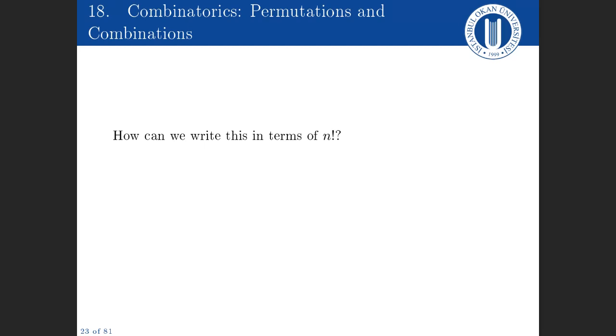How can we write this in terms of n factorial? Well, think of it like this. We know the answer is going to be 12, or 4 multiplied by 3, and that's the same as 4 multiplied by 3 multiplied by 2 multiplied by 1, divided by 2 multiplied by 1.